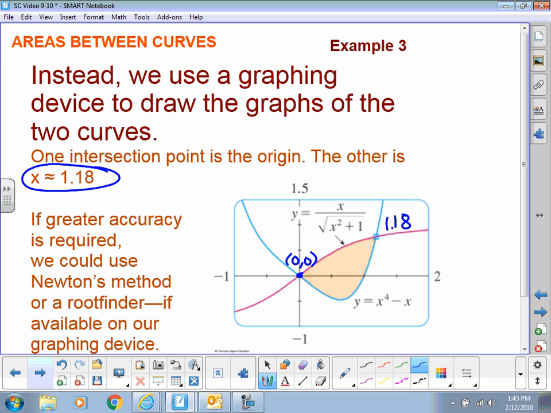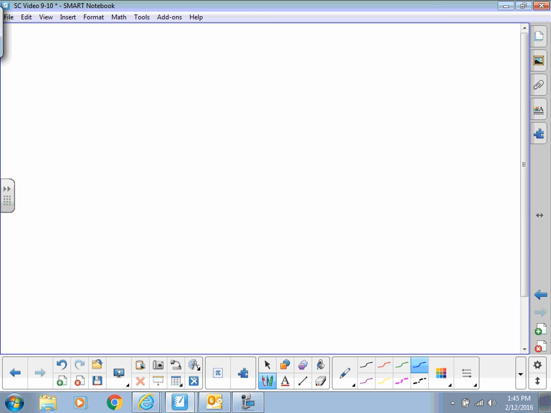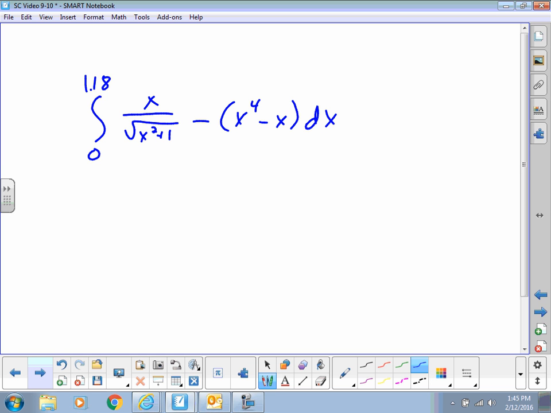So we're going to have our top minus our bottom. So that's going to be the integral from 0 to 1.18 of x over the square root of x squared plus 1 minus our bottom, x to the 4th minus x, dx. Well, for that first part we're going to need a u, so we're going to split this up separately.